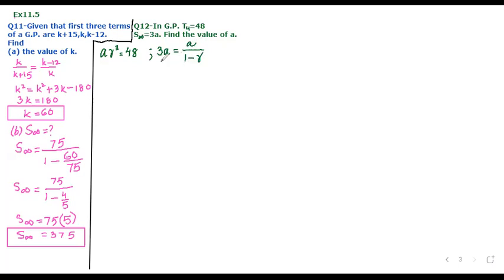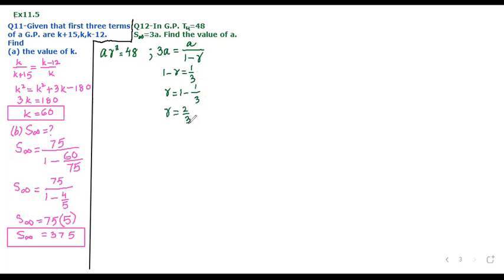So basically this a and this a will be cancelled. So we will have 1 minus r equal to 1 upon 3. So r will be equal to 1 minus 1 upon 3. So r is coming out as 2 upon 3.